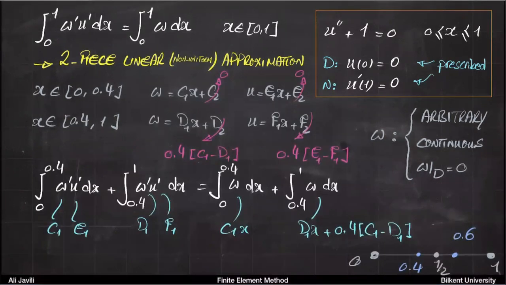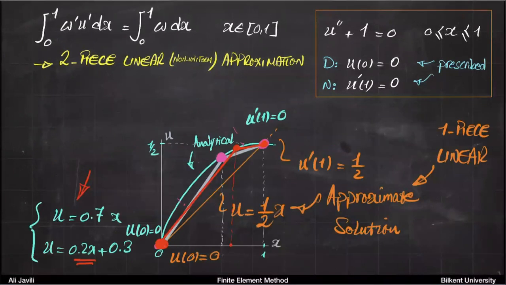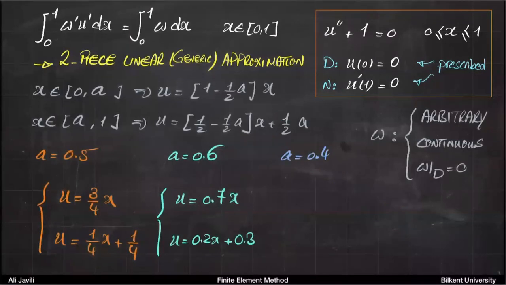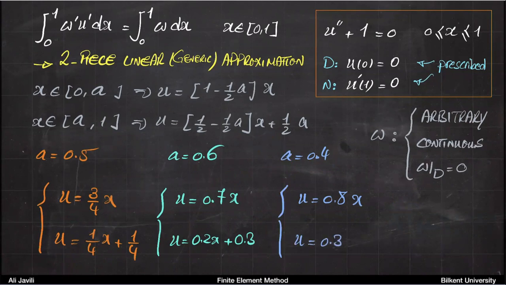So I think it's exactly what we had here. So this was for the case where a was 0.6, and then eventually if we now insert a equals 0.4, we get these two. So u equals 0.8x, and u equals here 0.3x plus 2.